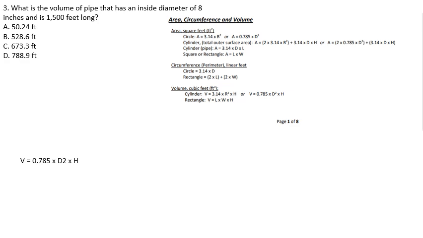Volume of a pipe with diameter, 0.785 diameter squared. Height is going to be length, height are the same thing. Volume gives you cubic feet, so you have to convert the inches into feet. Gave you 8 inches. Of course, 12 inches in a foot. 8 inches divided by 12 inches per foot gives you 0.67 feet.